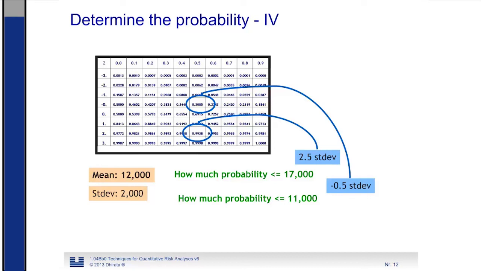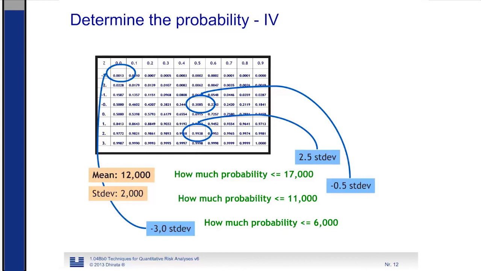And then the last example: what would be the probability that we will end up with an actual cost below 6,000 euros? This is about minus 3 standard deviations below the average, and this brings us to a percentage of almost 1/10 of a percent. So actually this is a very small probability that we will be cheaper than 6,000.